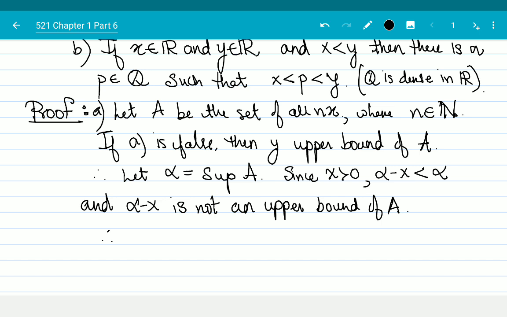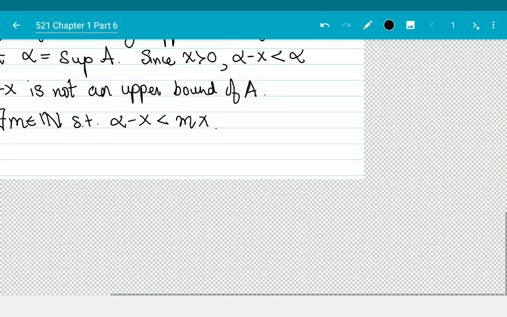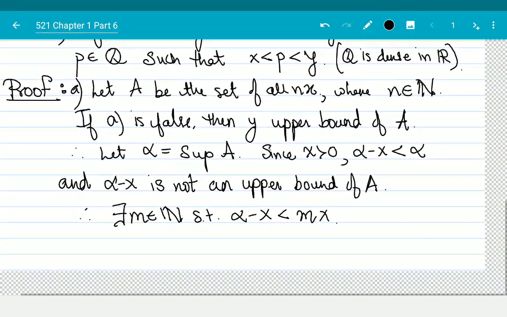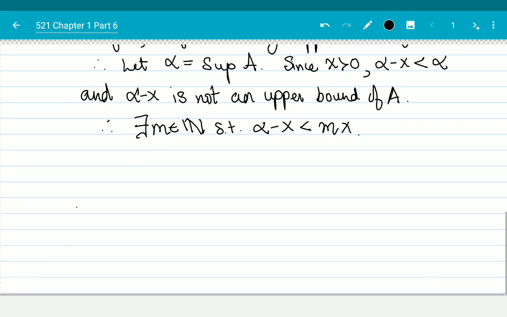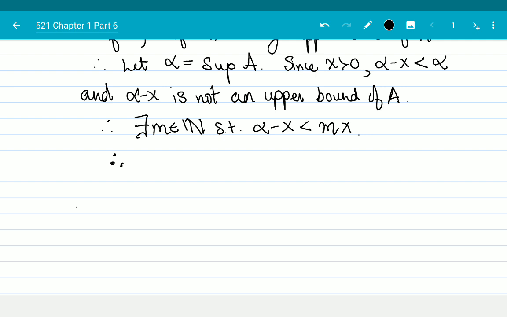Therefore, since alpha is an upper bound and alpha minus x is not an upper bound, there exists m in N such that alpha minus x is strictly smaller than mx, which therefore implies that alpha is smaller than mx plus x, which is equal to (m plus 1)x.